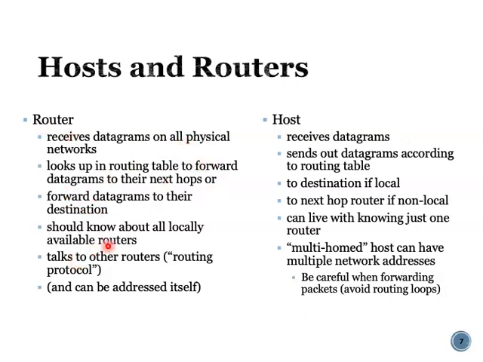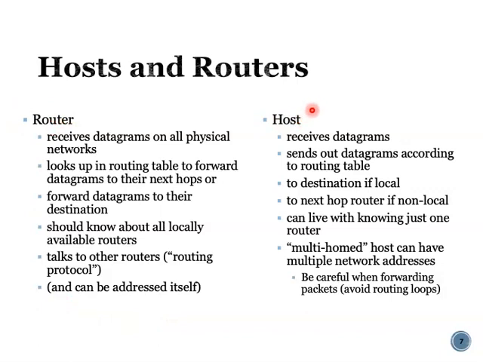A router should know about all locally available routers, meaning all the routers connected in the same network as this router. The router talks to other routers using a routing protocol, and a router can also be the destination address itself. It means that the router can also be the destination for that datagram.